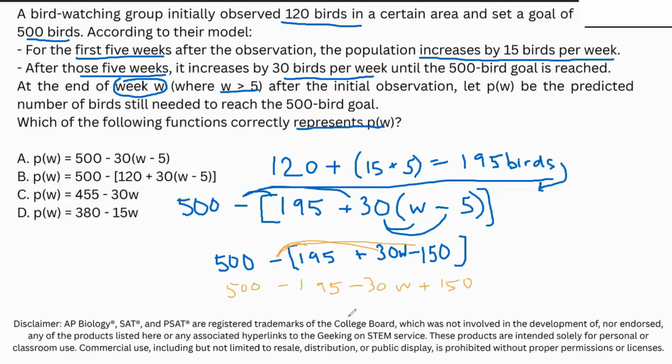I could plug this into Desmos, and when you calculate 500 minus 195 plus 150, you'll attain 455 minus 30W. So the correct answer will be C.